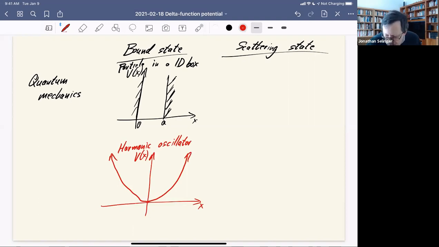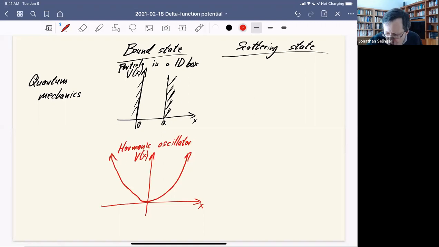So if the energy of the particle is any finite number, it is bound. It can't possibly escape to infinity. All right, so that was the second example.